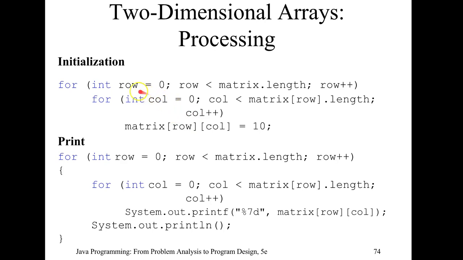So processing row 0, remember, less than the length of that row's length. Matrix.length is how many rows I have in it. This is the length of that row. This particular loop doesn't assume that row 0 has the same length as everything.